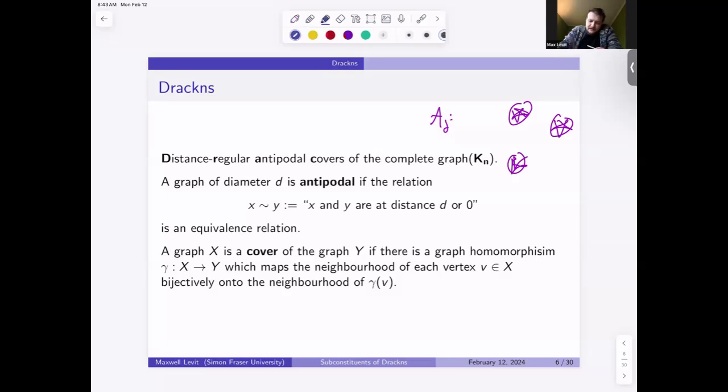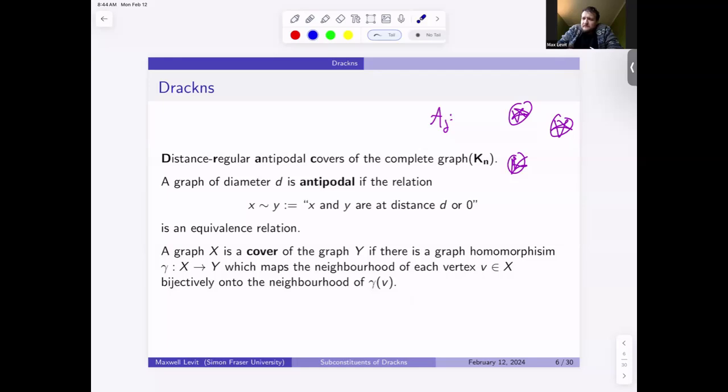Okay, now let me describe what it means to be a cover. So graph X is covering a graph Y if there's a graph homomorphism from X to Y, which maps the neighborhood of each vertex v in X bijectively onto the neighborhood of the image.